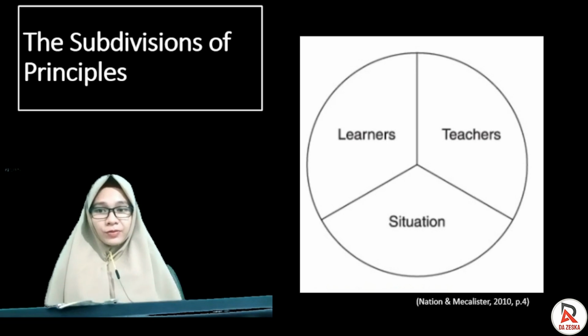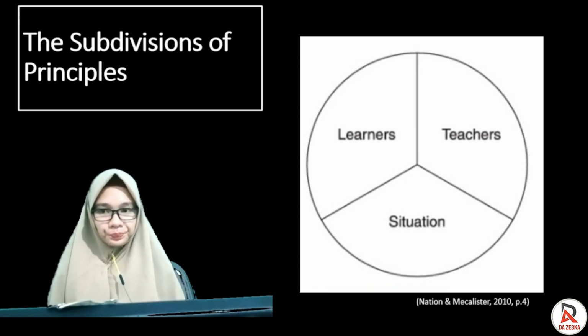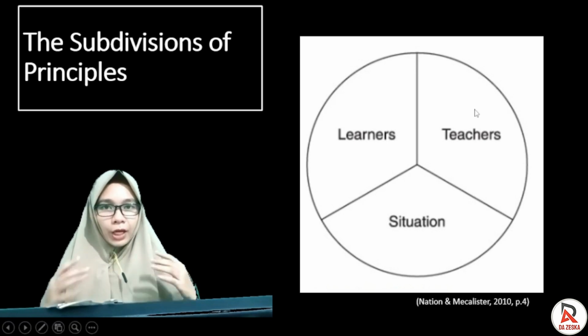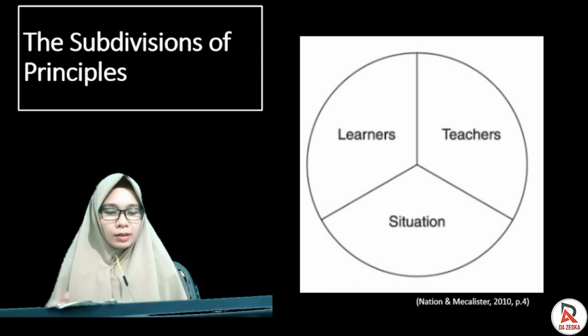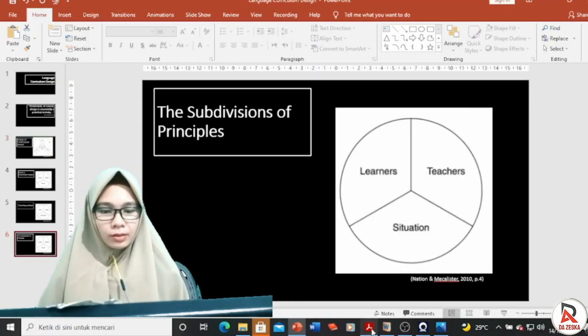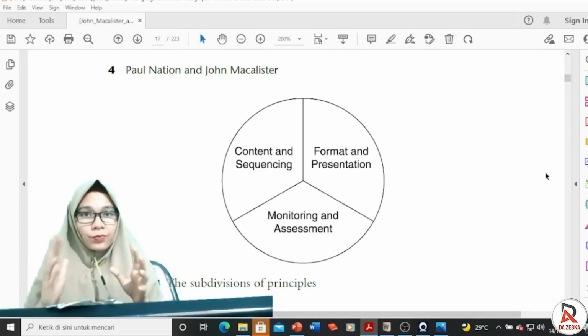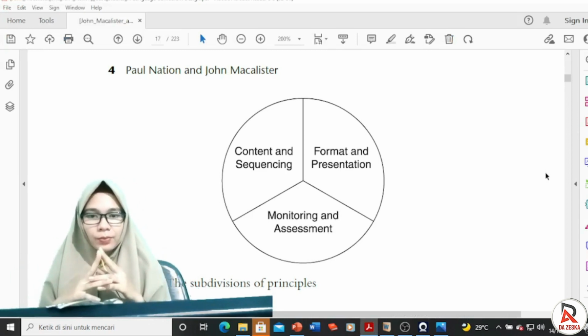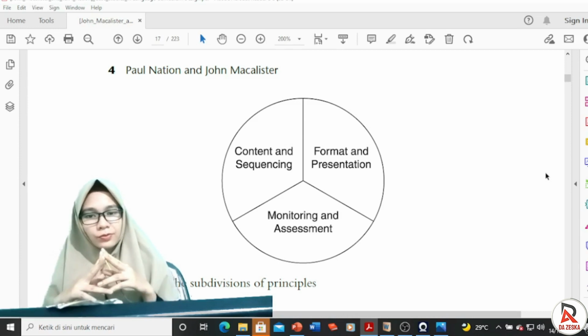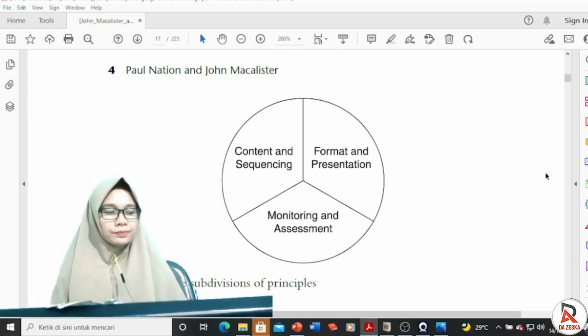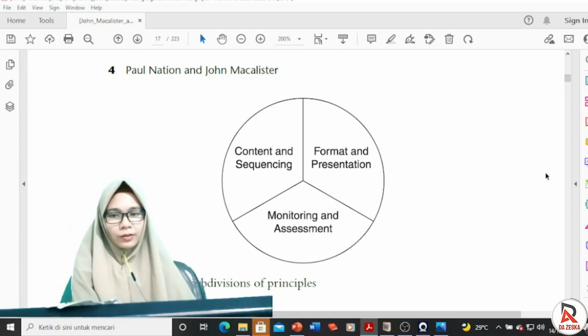The subdivisions of principle are about theories. These three subdivisions of principle here are important to get a notion of research and theories.